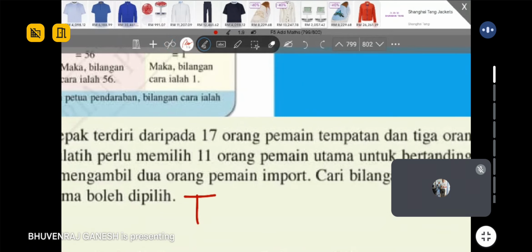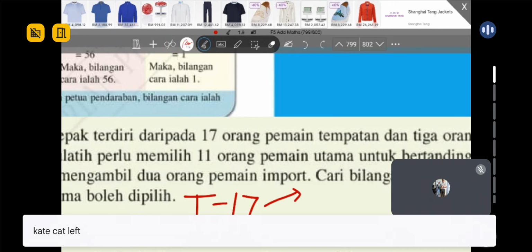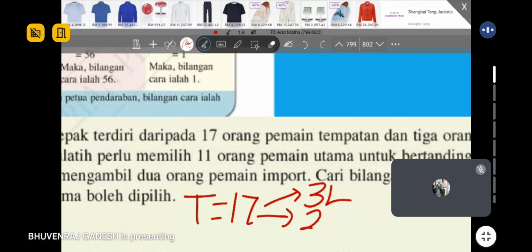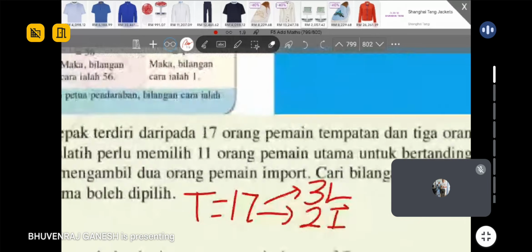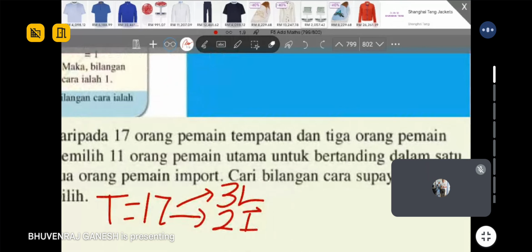So total 17. So import, I use the symbol I, and local, I use the symbol L. Local dan import. So tiga import ke? Oh, okay. I wrongly interpreted. This one is 20.